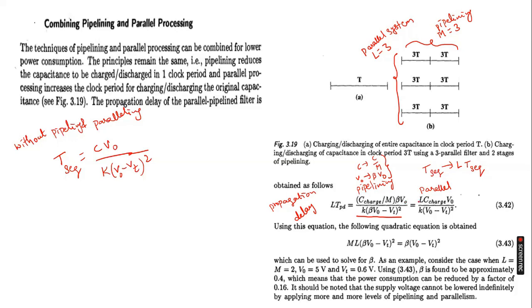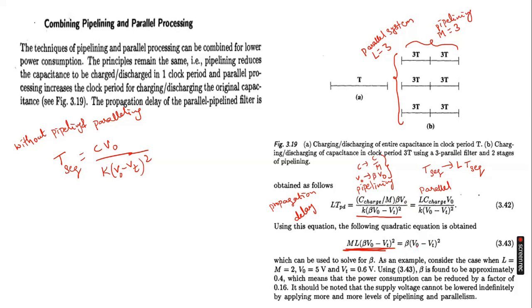Okay. And then on the left side, when M and L are transferred together, beta V naught minus Vt whole square will come on one side. Okay. Then this RHS denominator, when it goes to the left side, only beta will be there. And this V naught minus Vt whole square will come on the other side.